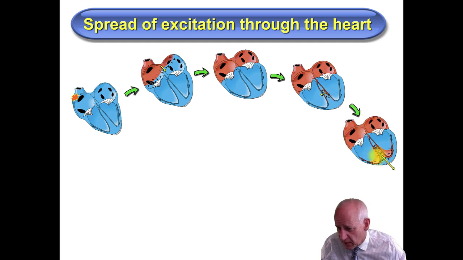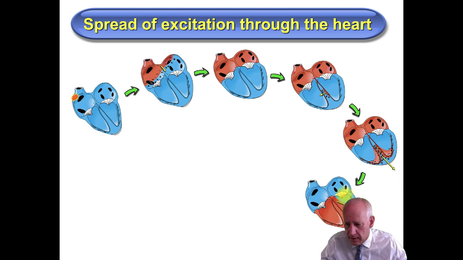Excitation continues to spread toward the apex. The vector shifts and becomes larger, pointed down toward the left hip. The last portion of the ventricle to depolarize is the left ventricle. So the epicardium of the left ventricle and the upper portion of the left ventricle near the base is the last to depolarize, and the vector shifts toward the left and becomes large because more muscle mass is involved in the depolarization.